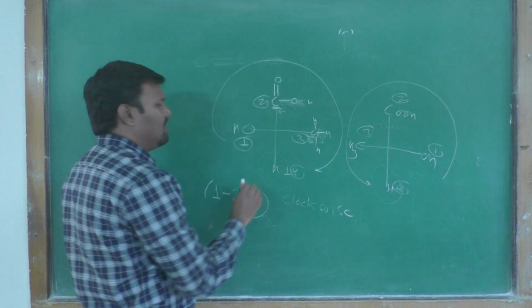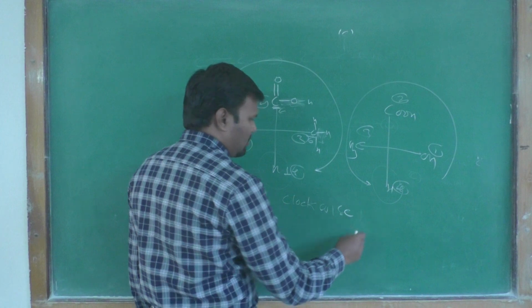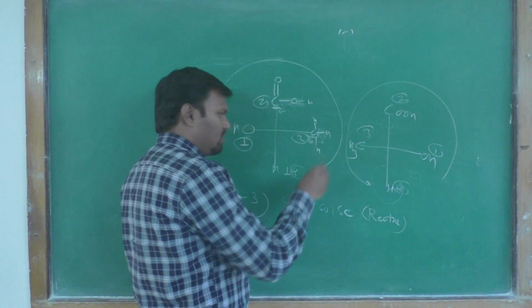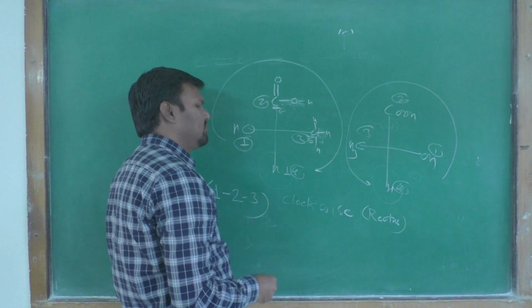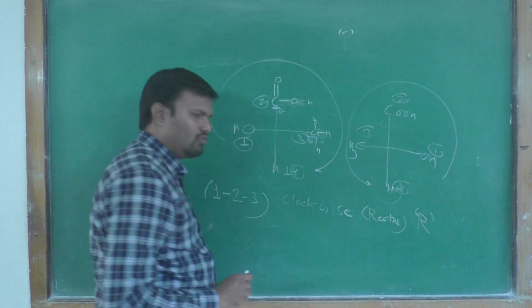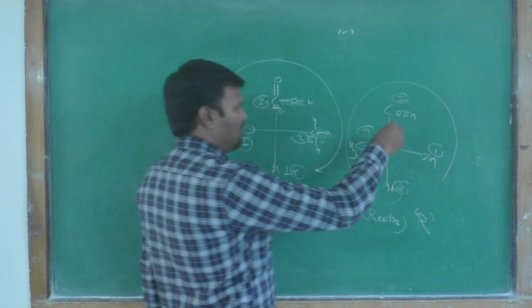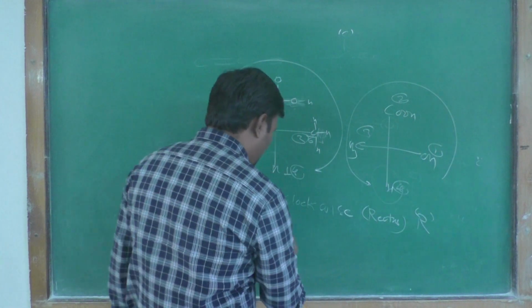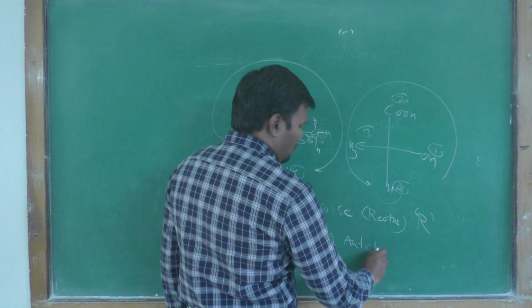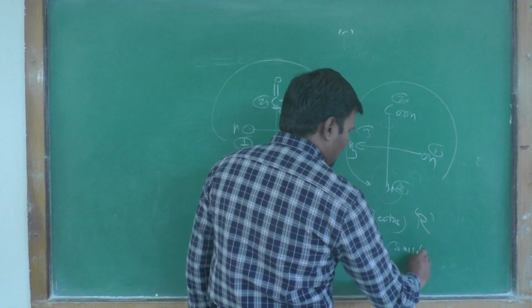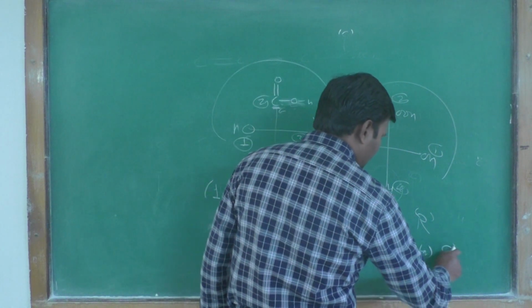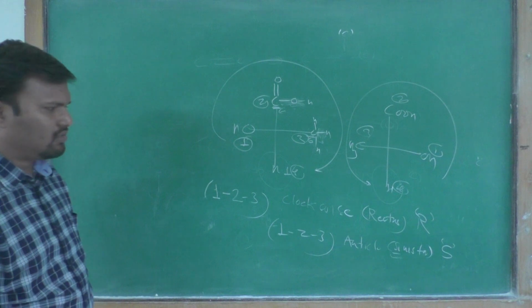If such rotation is there, then your configuration is considered rectus, so clockwise rotation is rectus, and the nomenclature for this molecule should be R. For the second, priority 1, 2, 3 is anti-clockwise, that is sinister. Sinister means anti-clockwise, and you give the nomenclature S.